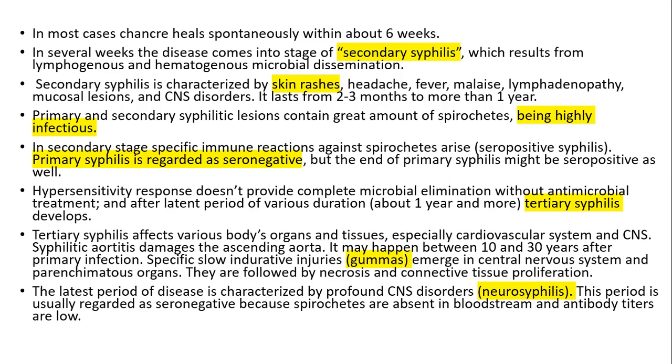They are followed by necrosis and connective tissue proliferation. The last period of the disease is characterized by profound CNS disorders, neurosyphilis. This period is usually regarded as seronegative because spirochetes are absent in the bloodstream and antibody titers are low.